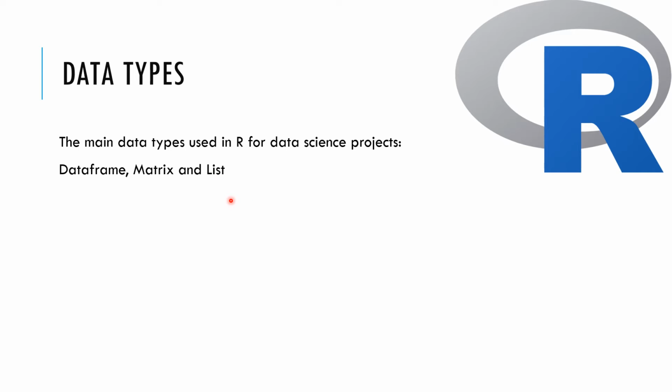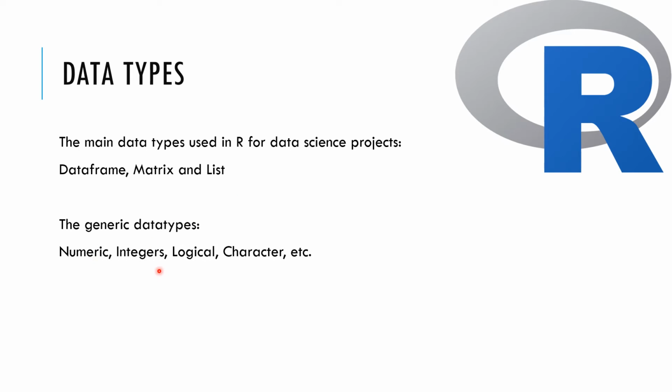But you might wonder that data types are something like numeric, integers, logical, character, etc. That is true in a generic sense, but for a data science project, we need to fetch or retrieve the data from files or a server in a particular format. And in R, we generally use a data frame, matrix, or list. We already know what matrix is. We will see what data frame and list are in the future slides.